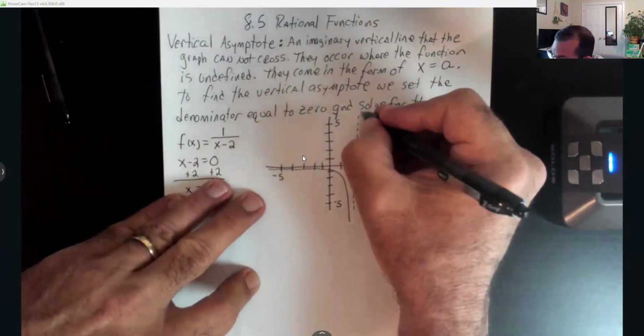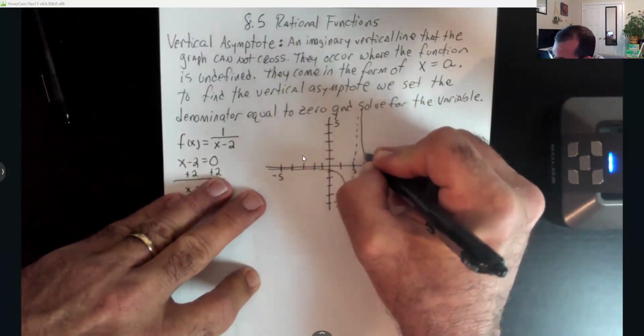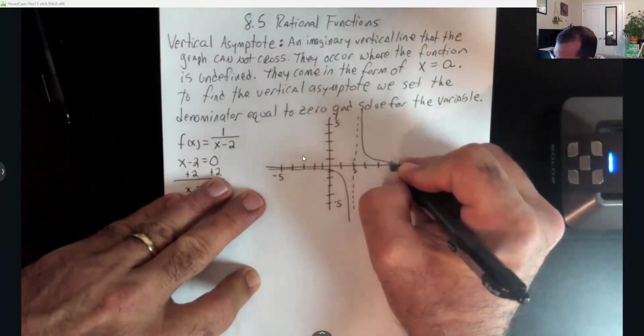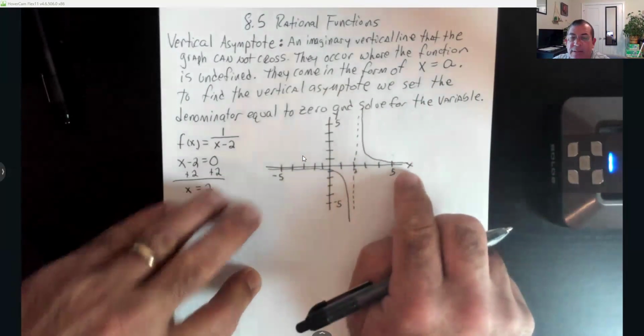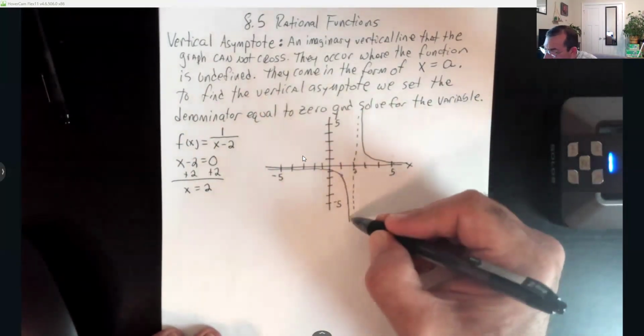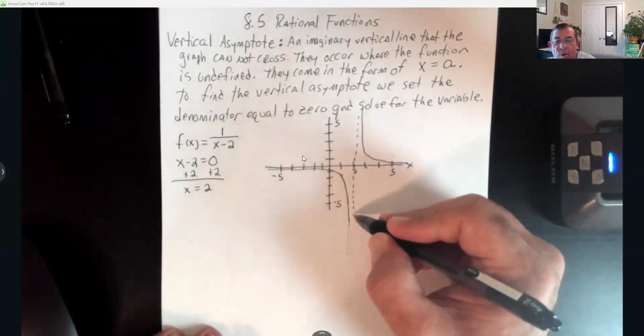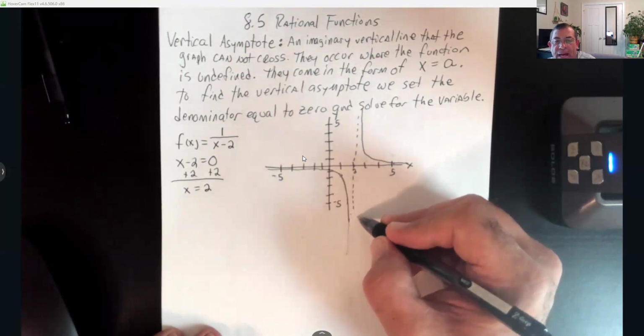Now the other side would come down and sort of cross on top of the x-axis. But y'all, this side here is going to keep going down, down, down towards negative infinity, but it will never cross over that line.